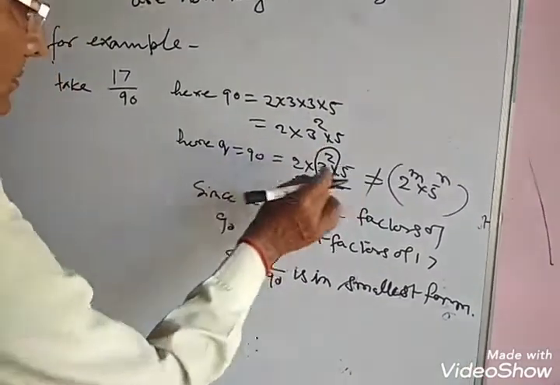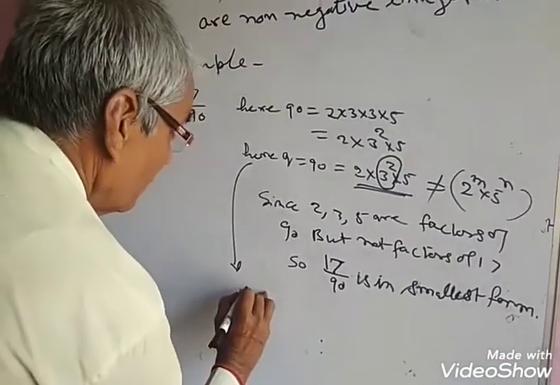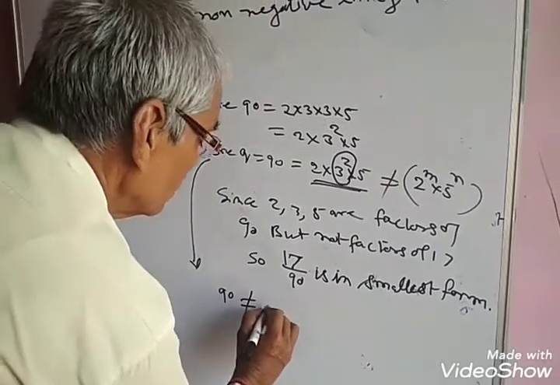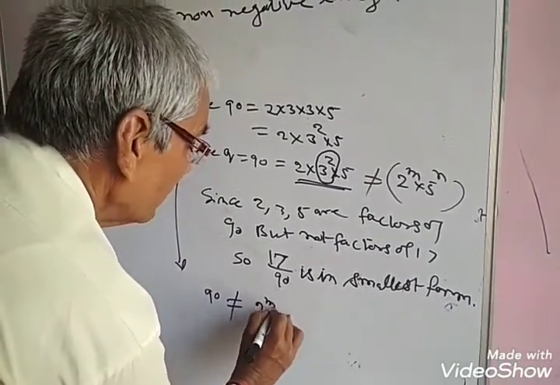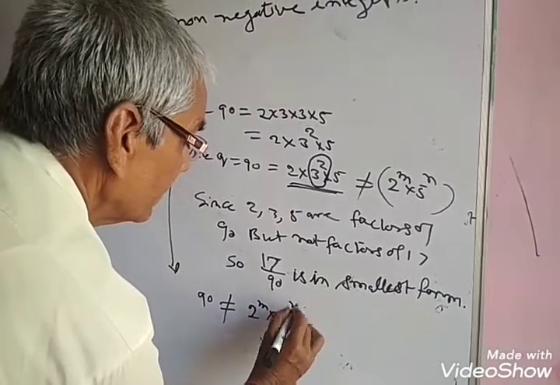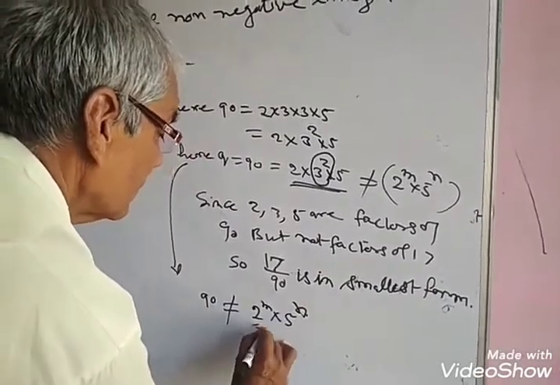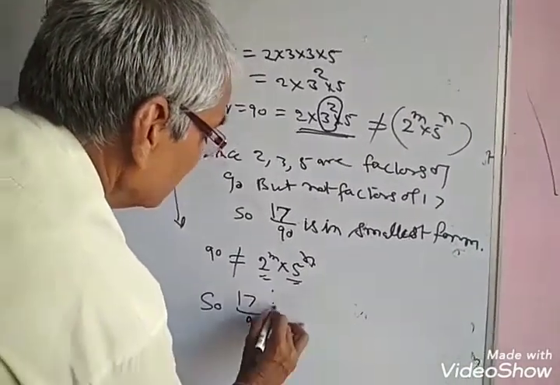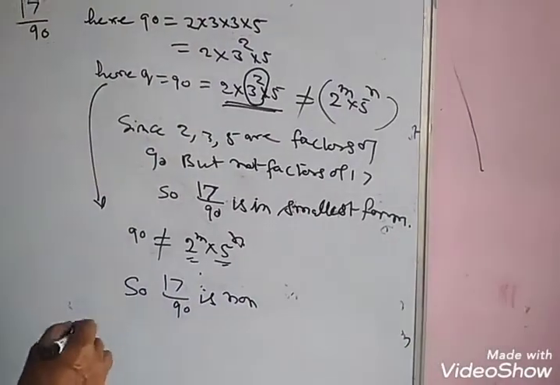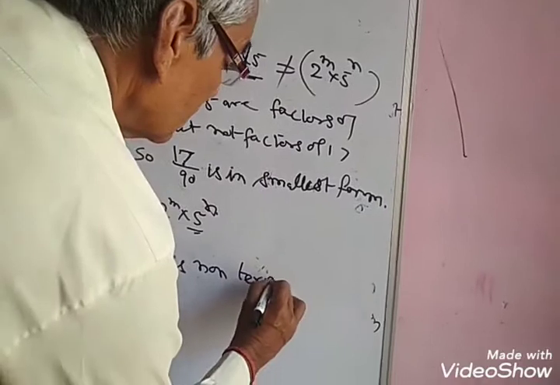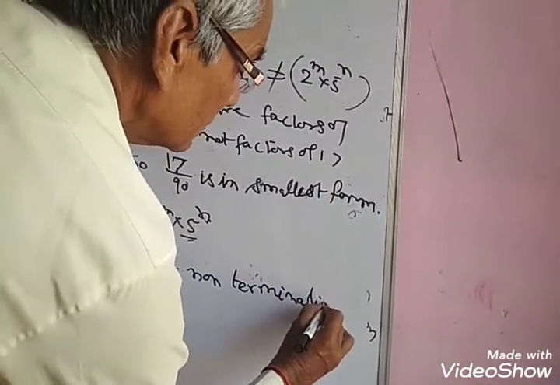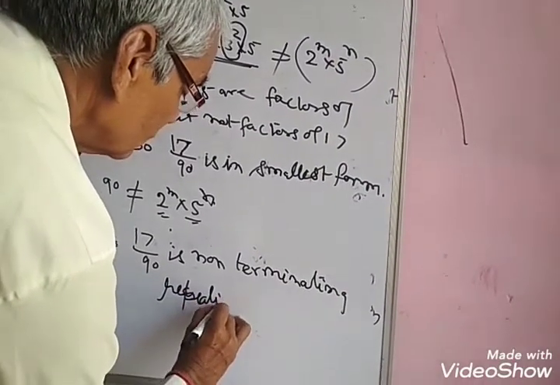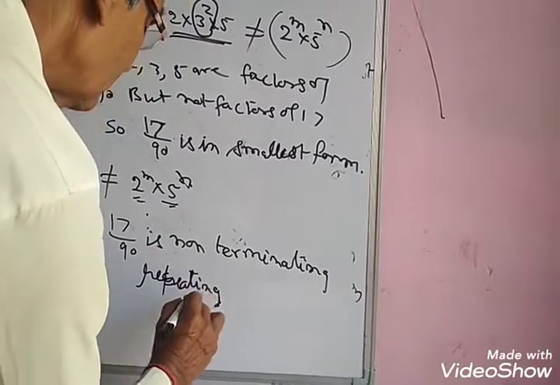From here, 90 is not equal to 2 to the power m into 5 to the power n. So 17 by 90 is in non-terminating repeating decimal form.